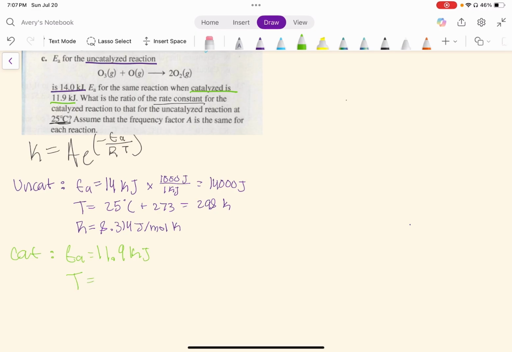Our temperature is 25 degrees Celsius, and our R is 8.314 joules per mole Kelvin. Same thing here, multiply by 1,000 and we get 11,900 joules, and then plus 273, we get 298 Kelvin.